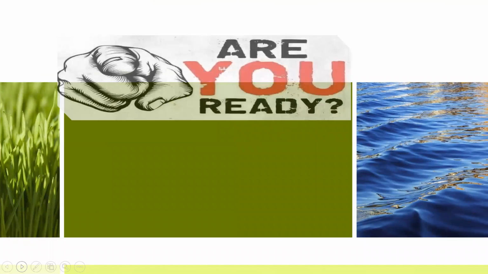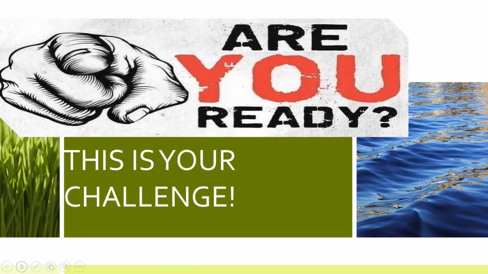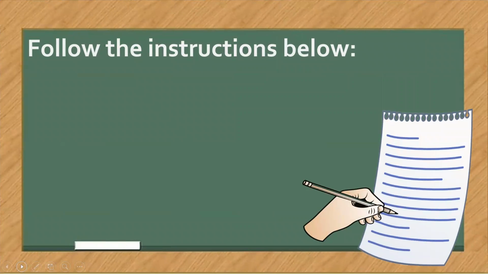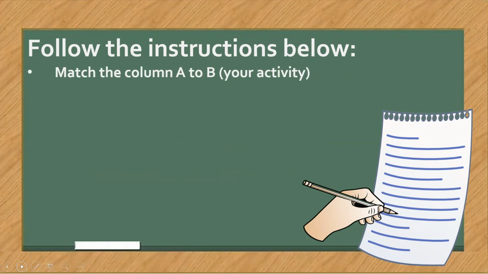All right. Now, I would like to ask you, are you ready? This is your challenge. All right, guys. Follow the instructions below. Match the column A to column B. That would be your activity.